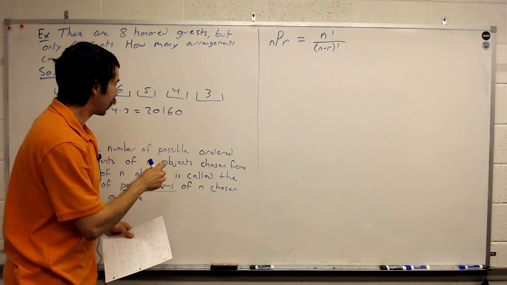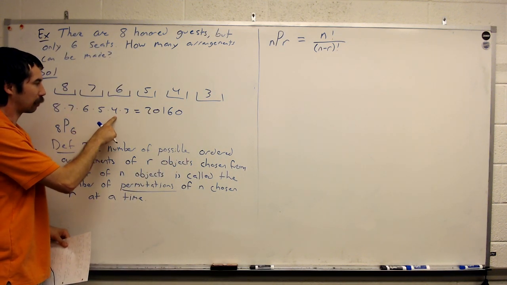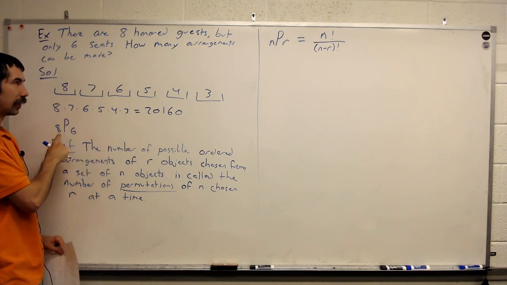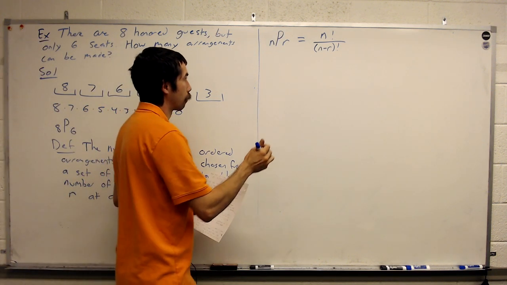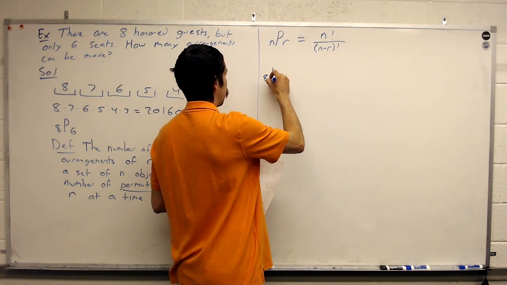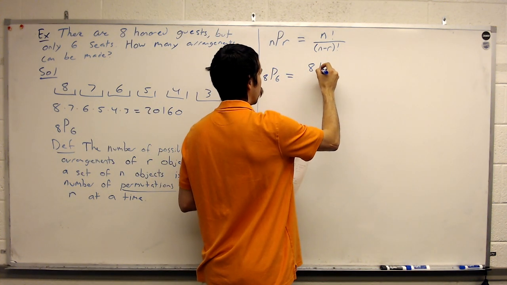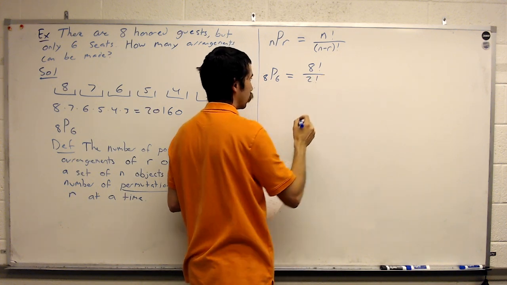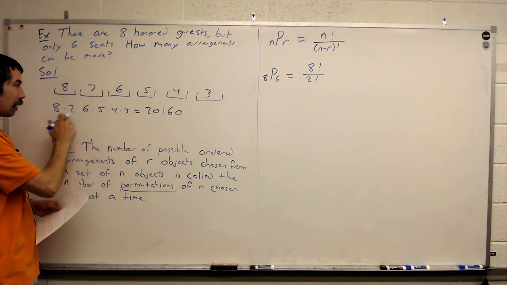Okay, so let's see if we believe that this value, 8 times 7 times 6 times 5 times 4 times 3, is really 8P6. So 8P6 is equal to 8 factorial over 2 factorial. Is that the same thing as this number?